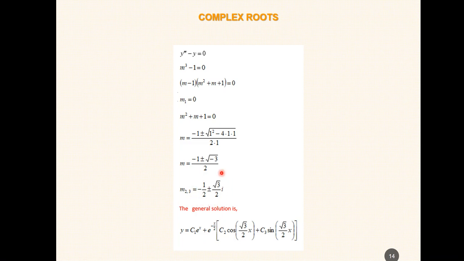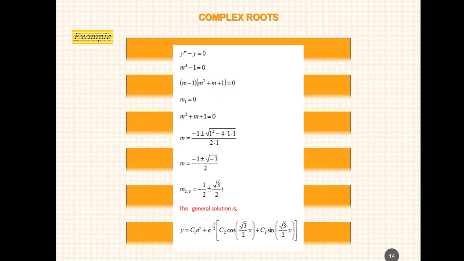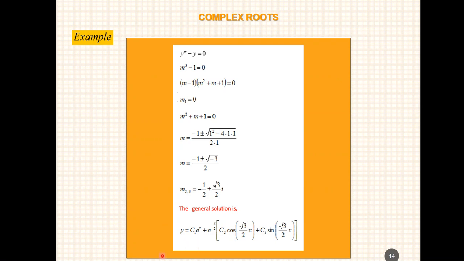And the imaginary part of your complex roots will be accounted for by the cosine and the sine function, the arguments of which are equal to the value of the imaginary part in your complex roots. So this is now the solution of this particular differential equation. Okay, and that's it.